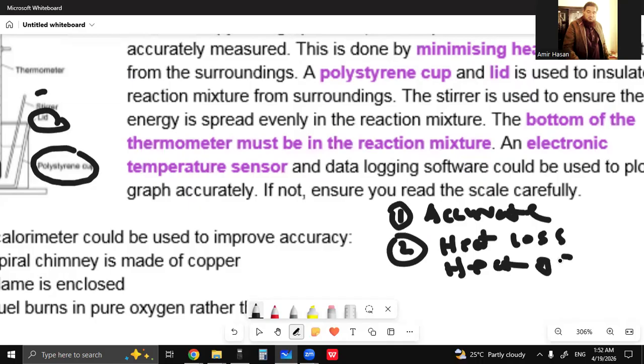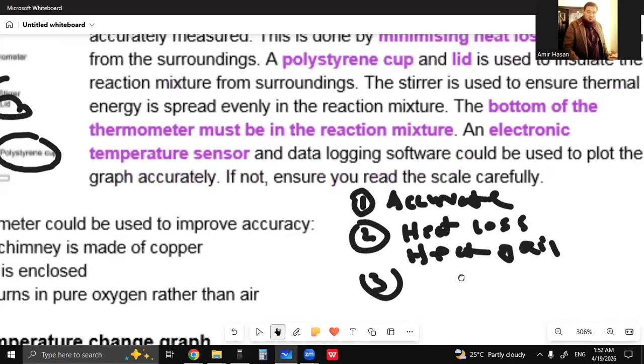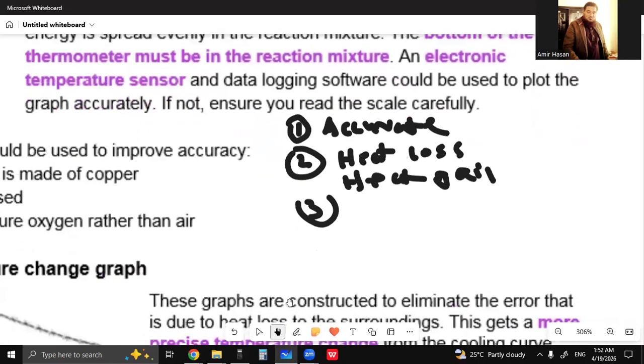And for accurate measurement of temperature, it is necessary we use a good thermometer and dip the bottom of the thermometer in the solution, and read the reading carefully.